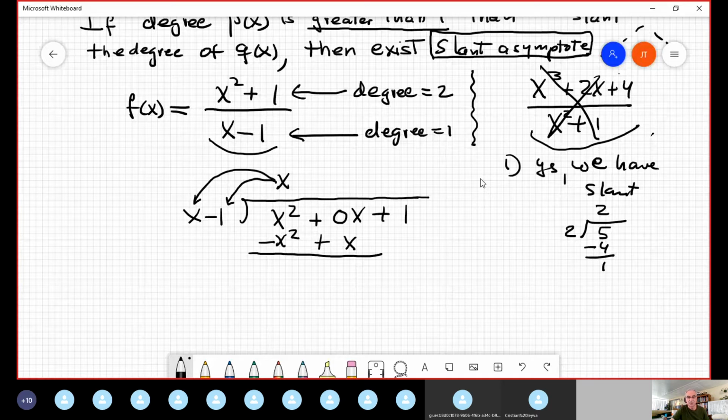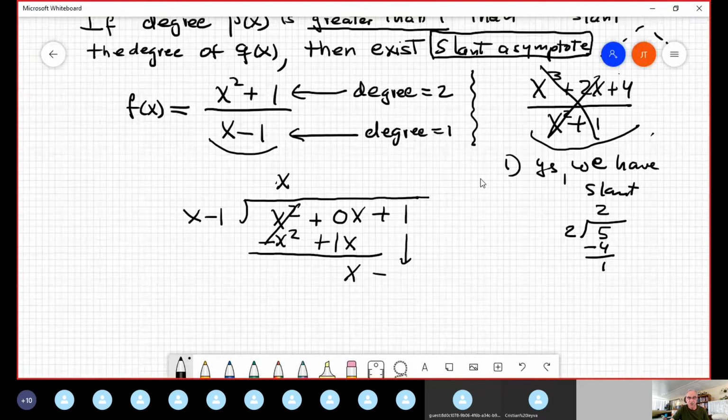Exactly the same, we are doing algebra with polynomials. Now this cancels and this is 1x. Zero plus 1, bring down the 1. You stop when the degree of the remainder is smaller than the divisor's. This is degree 1 and degree 1, so we continue.